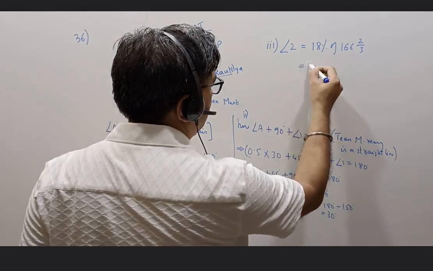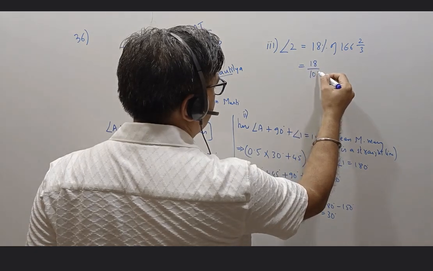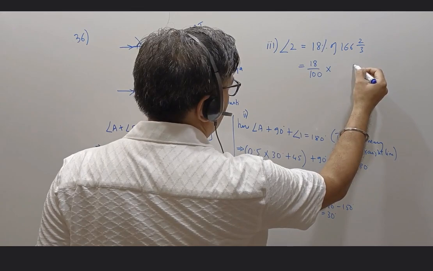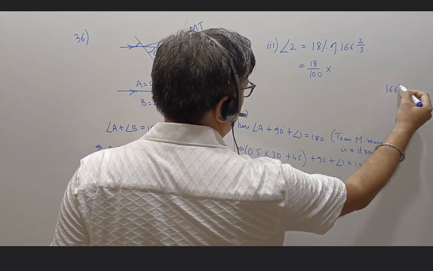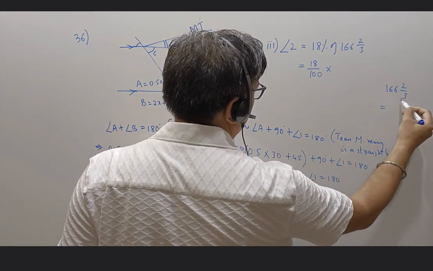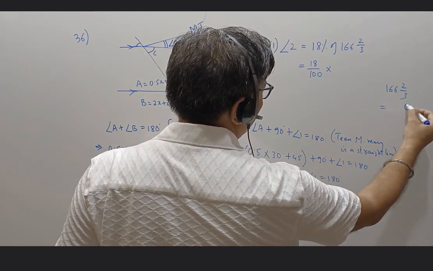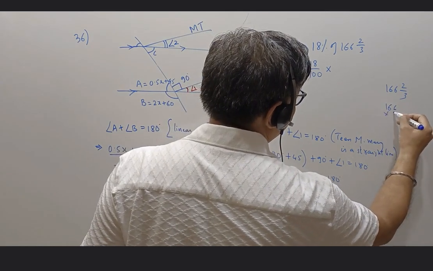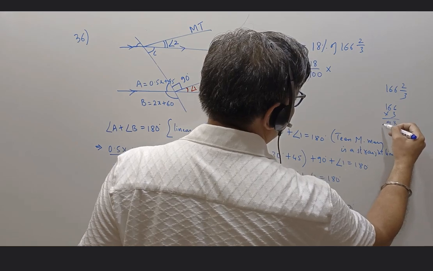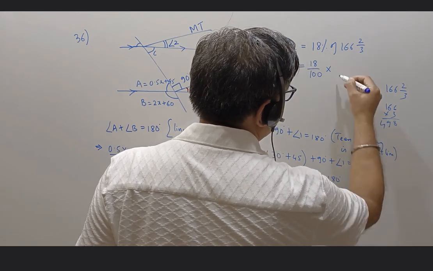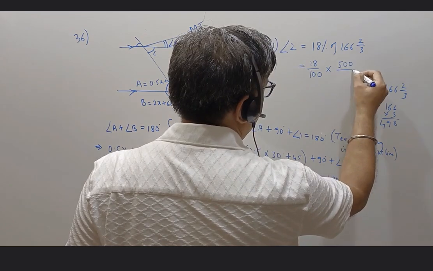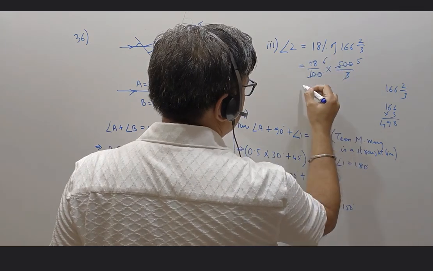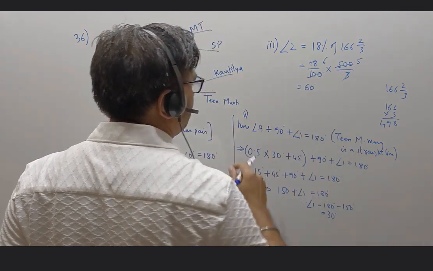So this will be 18 over 100 into 166 2 by 3 will come to 498 plus 2 is 500 divided by 3. So this goes 5 times, this goes 6 times. So this becomes 60 degree. The third bit is 60 degree.